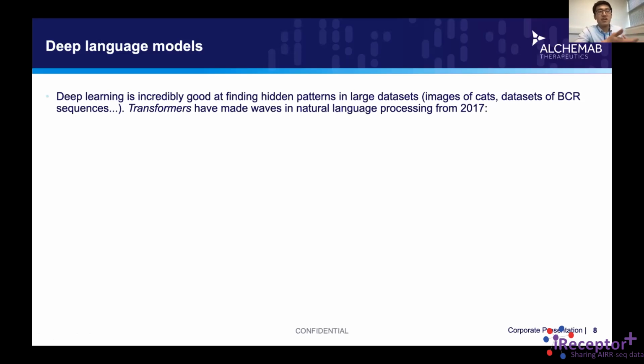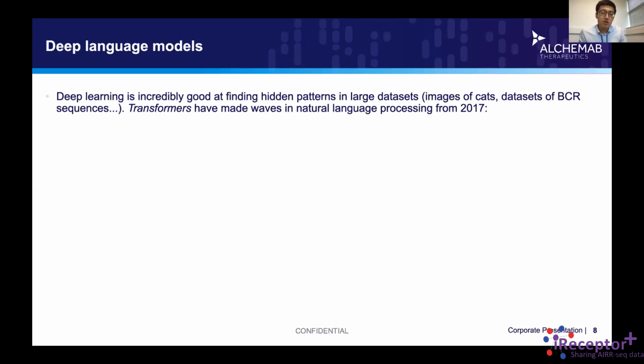The reason we now have good image recognition methods is because they've seen loads and loads of images of cats or dogs, and figure out what makes a cat. In a similar way, we can do that with text data and with BCR sequences. Specifically, the machine learning model that's really been making waves in this space is transformers.